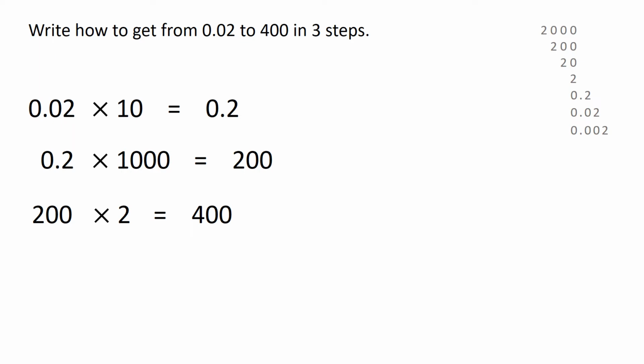So for example, instead of multiplying by 10 and then 1000, other pupils might come up with the fact that you could multiply by 100 and then multiply by 100 again, and then multiply by 2 at the end. So there are lots of variations, and in many ways it's quite an open problem.